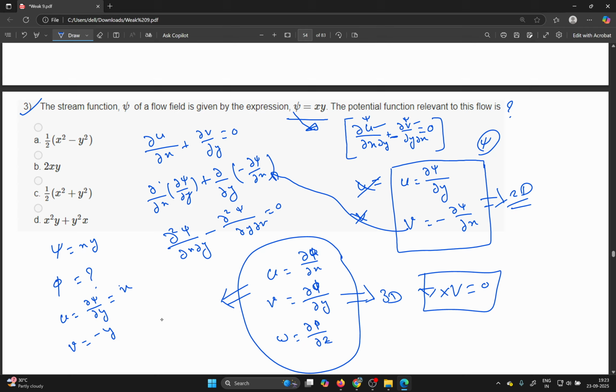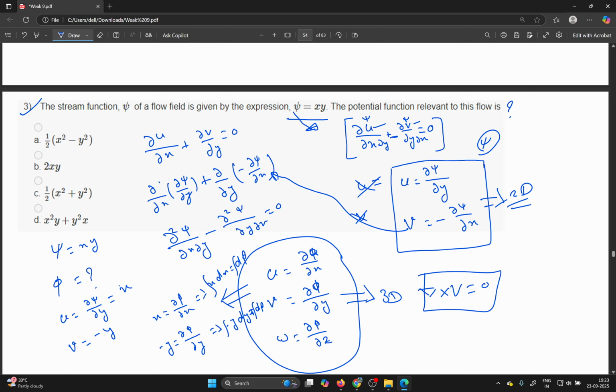Now you can put x is equal to del phi by del x, and minus y is equal to del phi by del y. So now you can write this equation like that: x del x is equal to del phi, minus y del y is equal to del phi. And now integrate both sides.